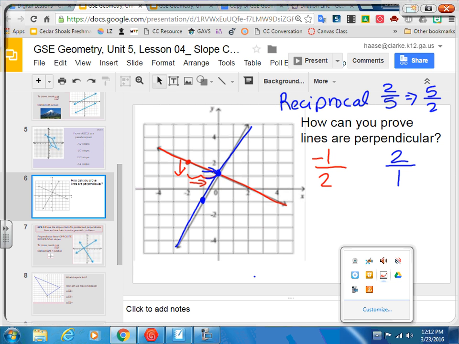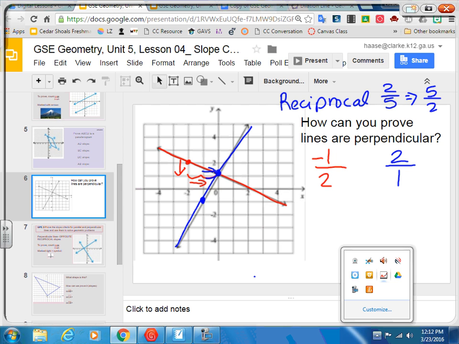Now, Miss Jenny says there's a difference though, because it was originally negative, and now it becomes positive. So, the rule for perpendicular lines, it is the reciprocal, but what about the signs? They change. What's it called when you do something differently? It's the opposite reciprocal.